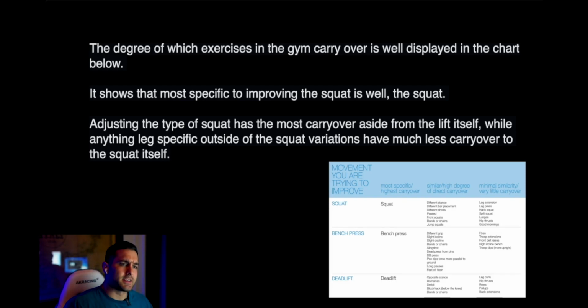Now, how about leg extensions? It will work your quads, but will it do as good a job as the variation and the lift itself? No, it won't. It's a pedantic point, but it has to be said.